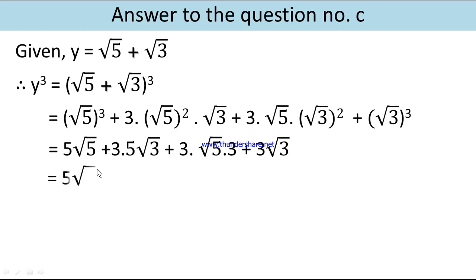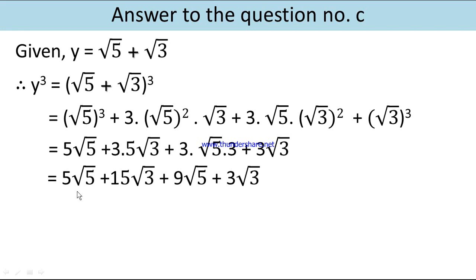Then in the next line will be 5 root 5 plus 3 times 5 is equal to 15, 15 root 3, plus 3 times 3 is equal to 9, 9 root 5, plus 3 root 3.